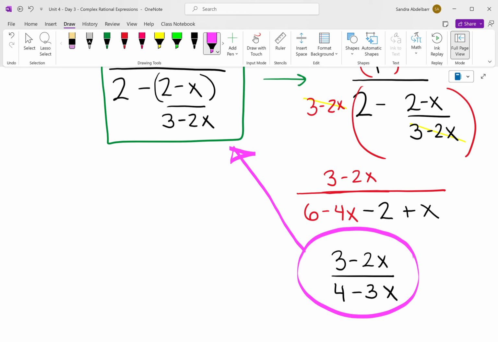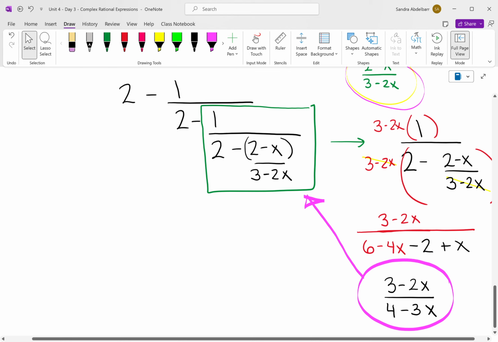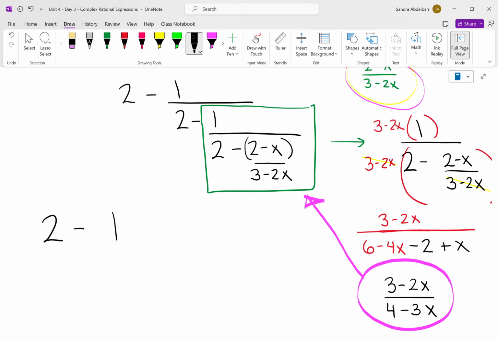And what am I going to do? I'm going to take this and sub it in for that box. Is everyone caught up to me? Can I sub it in now? Anybody still writing down the process? Okay, so now we're going back and subbing in. So when we go back and sub in, I'm going to have 2 minus 1 over 2 minus, but now I'm subbing in the box, right? So this is going to be 3 minus 2x over 4 minus 3x.